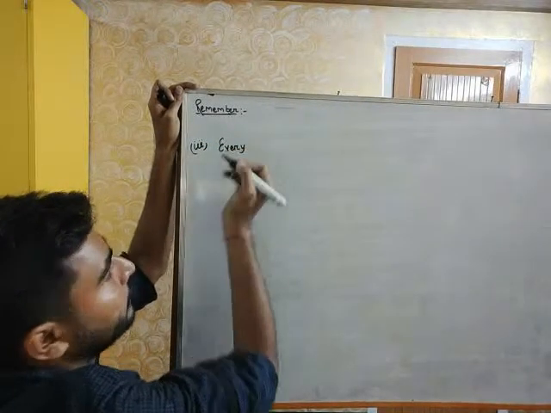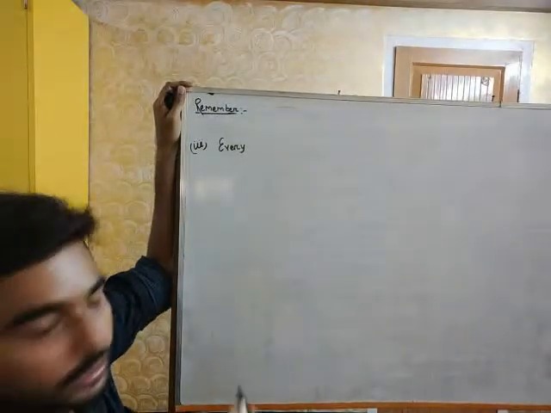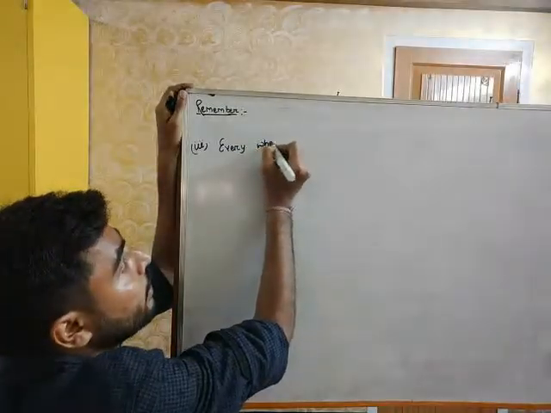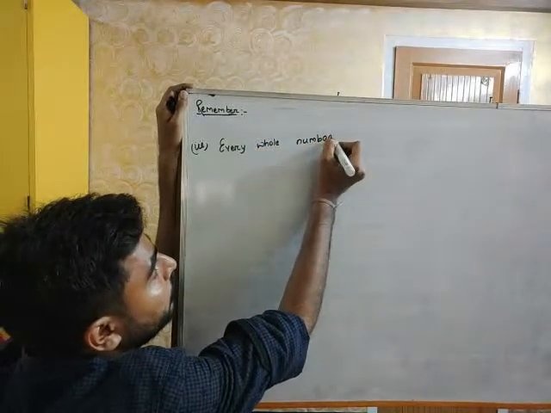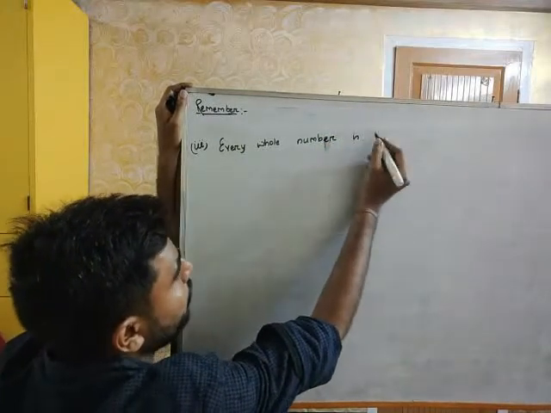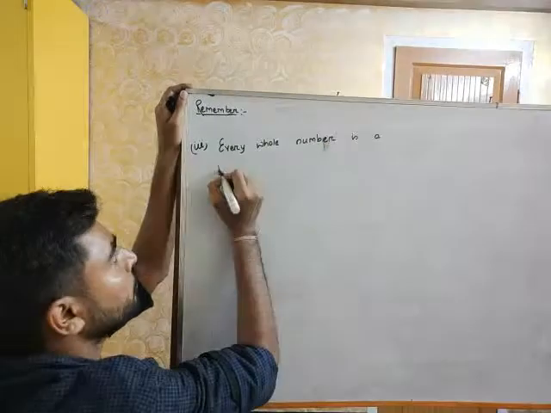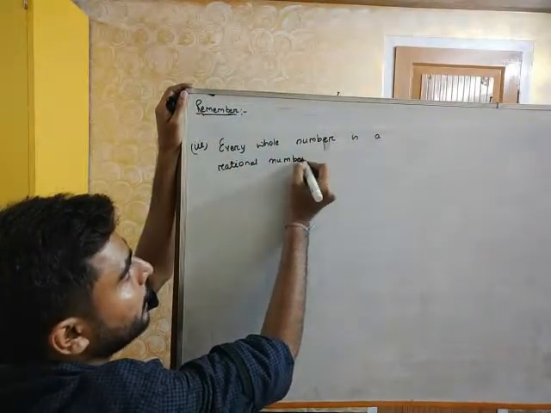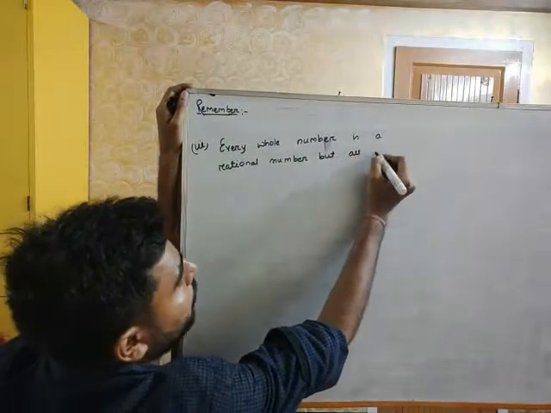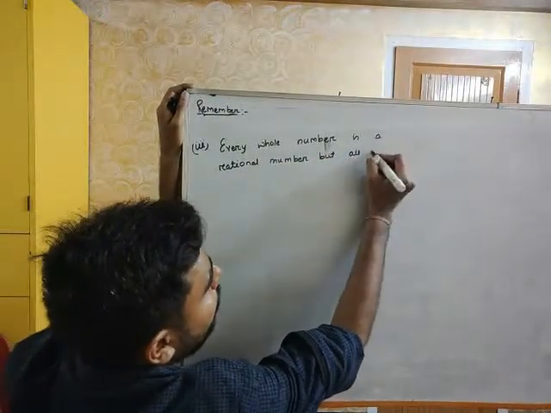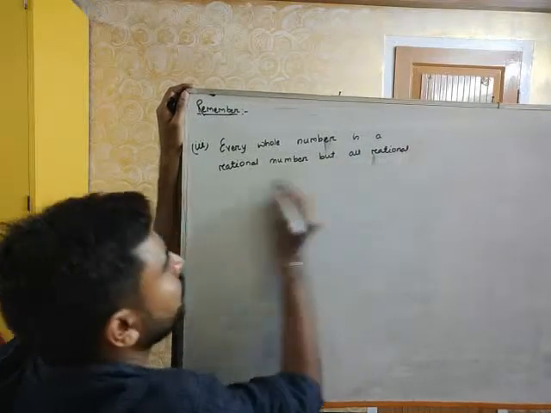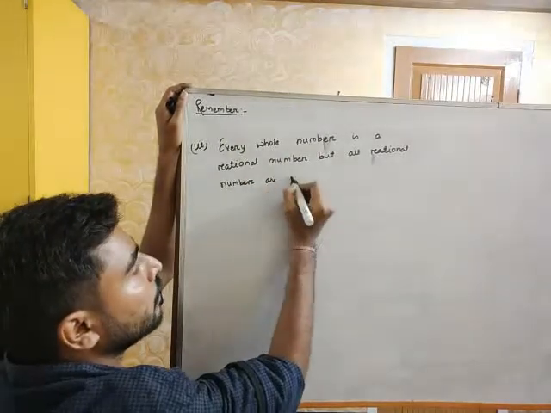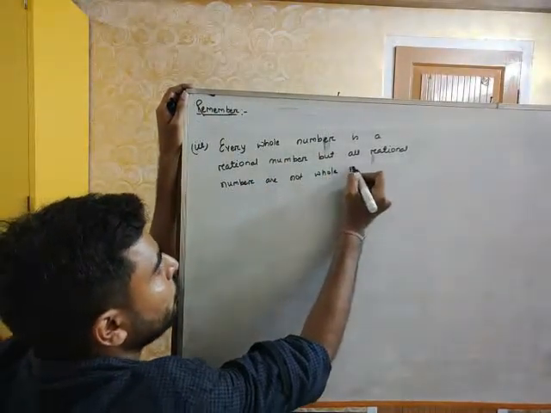Similarly, just as natural numbers are whole numbers and natural numbers are rational numbers, likewise every whole number is a rational number, but all rational numbers are not whole numbers.